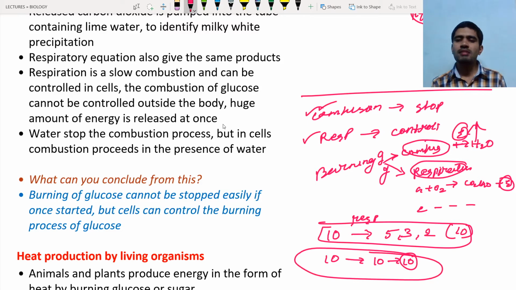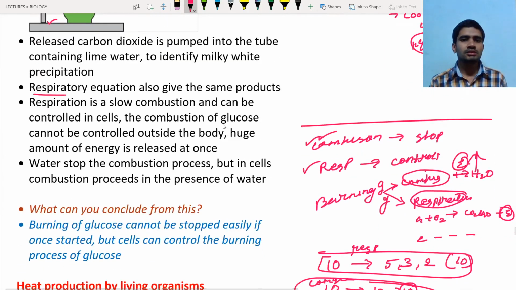So it is an example for the combustion of glucose in the laboratory. These are the differences between combustion and respiration. But whether it is combustion or respiration, the glucose is going to get burned, and both give the same result.